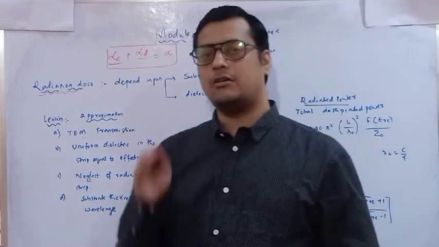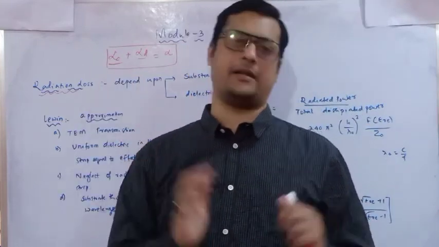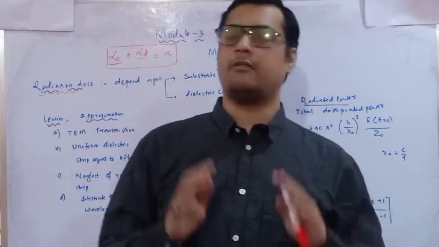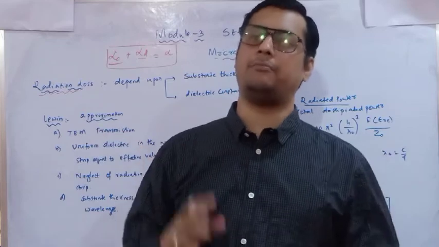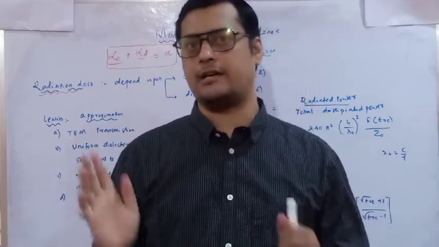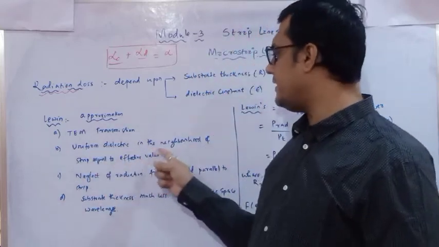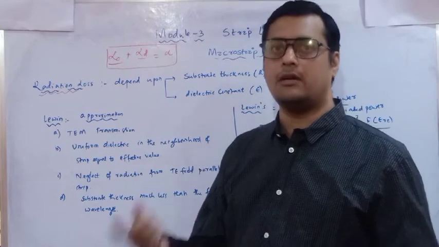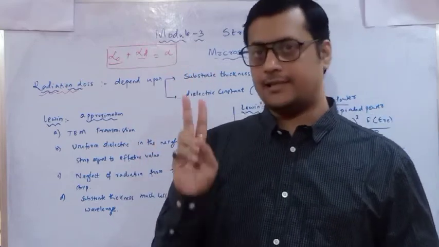That means your dielectric value will remain constant throughout the operation. It will not change. It should be uniform, and the relative effective permittivity epsilon re must be the same as the dielectric constant. That is the second assumption.